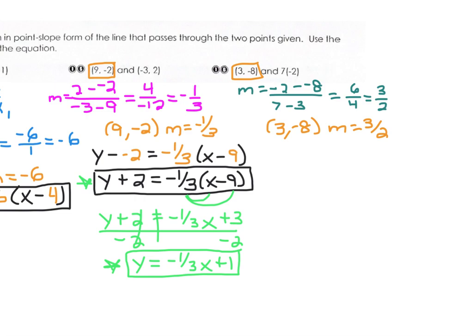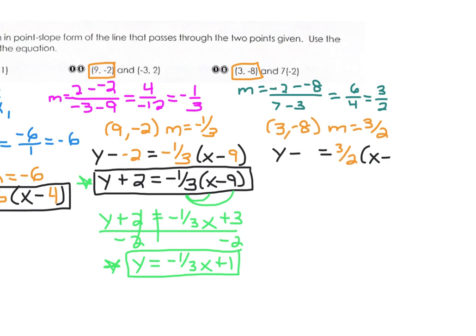When we go to put that into point slope form, y minus y1 equals slope times the quantity of x minus x1. Oops, and I have that backwards, so let's go back and fix that up.